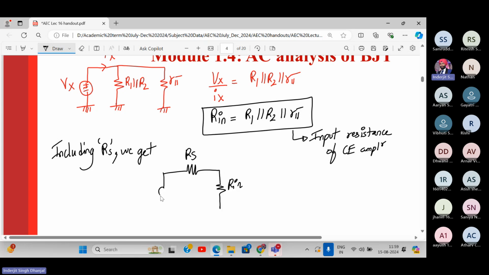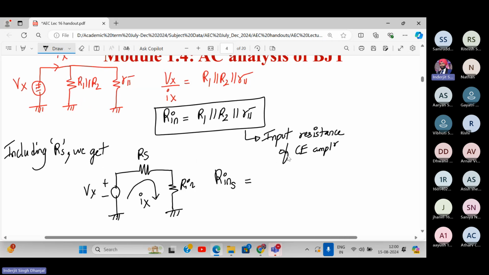And this is my Vx, let's say. This is Vx and this is my current flowing Ix. Can you tell me now what will be Rn including the source? So Rns. What will be Rns over here?